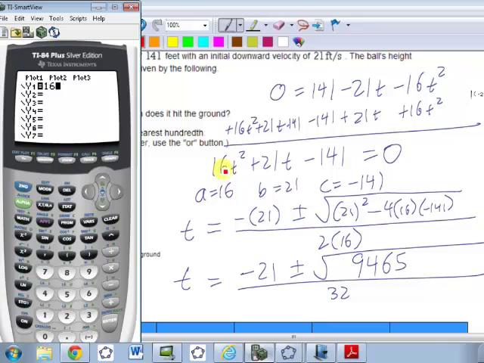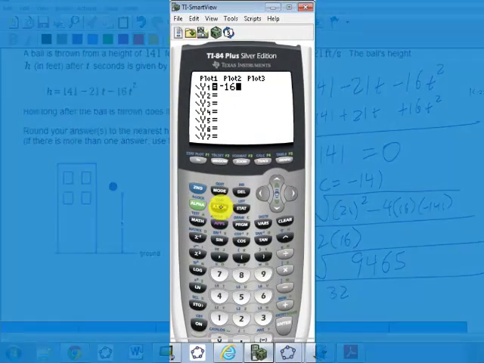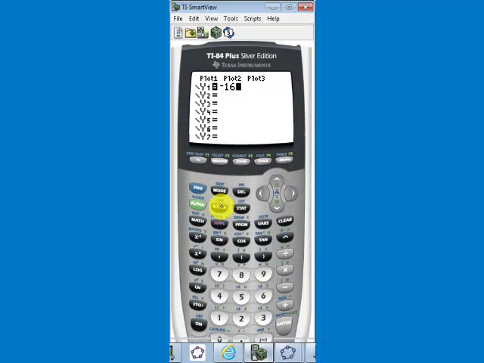You know what? I need a negative 16 there. There's a negative sign and there's a minus button. Let's begin with the negative sign, 16, and then I'm going to press the button right below the mode button, to the left of the stat button.